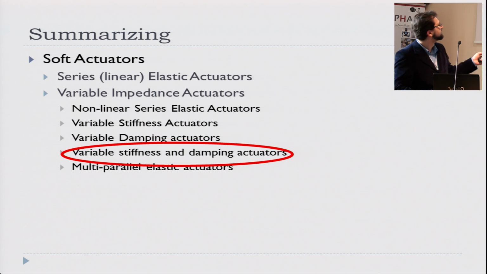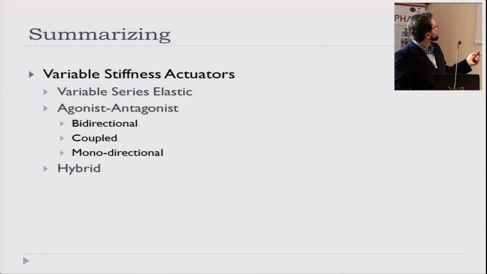Okay, so within variable stiffness actuators, we have variable series elastic and agonist-antagonist, in which you have coupled, uncoupled, and also monodirectional uncoupled, which I did not introduce, but essentially are systems in which each motor can only pull on the link, like muscles, for example.